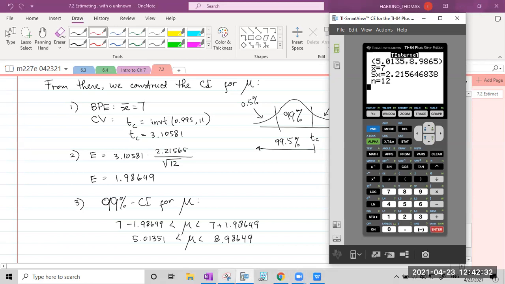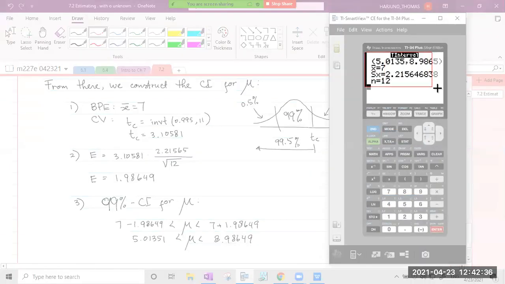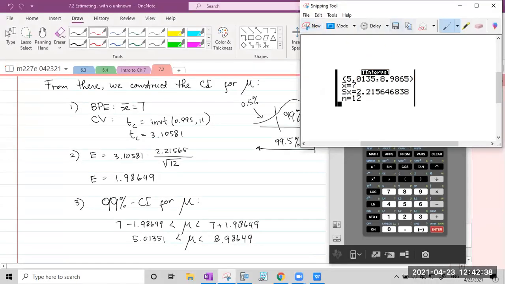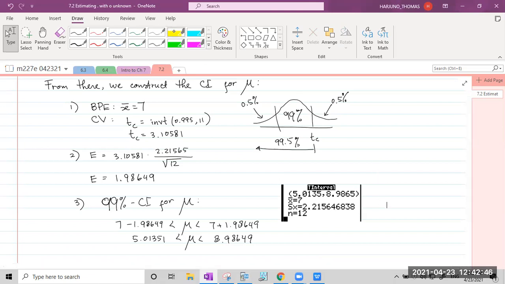So this is what we get. Notice that it is accurate to 4 decimal places. In other words, our way of doing it is more accurate because we keep 5 decimal places.